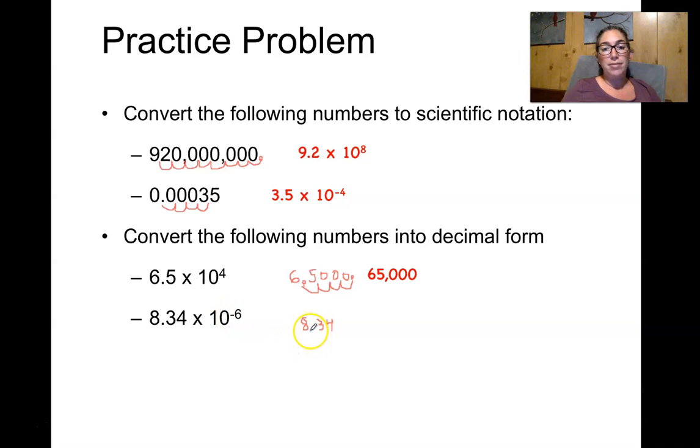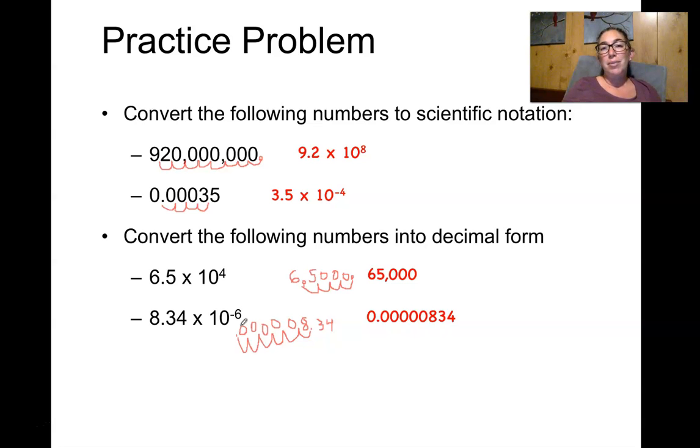So we're going to move the decimal point in the other direction. 1, 2, 3, 4, 5, 6 spaces. So now I need to put a 0 as a filler in each of these spaces. So I end up with 5 zeros in front of my 8. Or cleaner, written like this. 0.00000834.